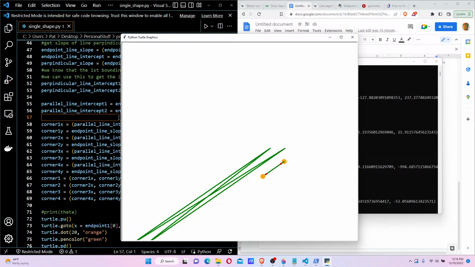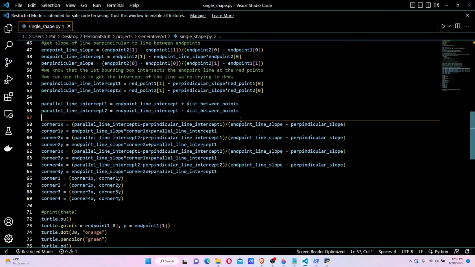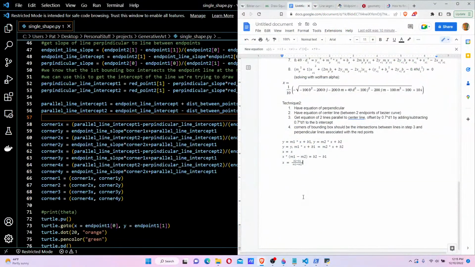Okay. Now I'm going to look through this real quick to make sure it's right. So, corner 1 x. So the y is equal to each other. m2 x plus b2 equals m1 x plus b1. If the x's are the same, then x times m1 minus m2 equals b2 minus b1, so x is b2 minus b1 over m1 minus m2. Yep.